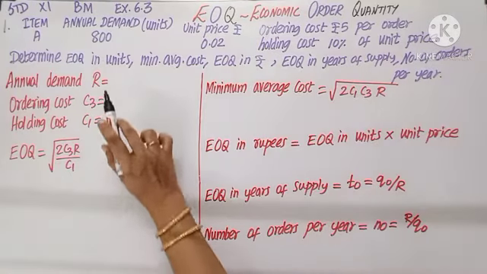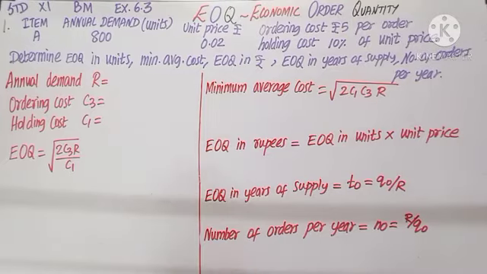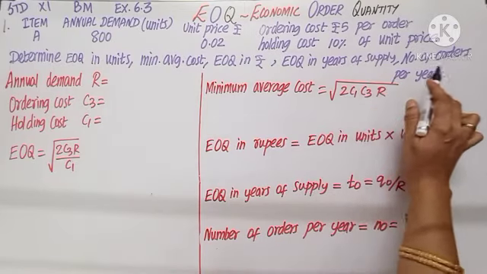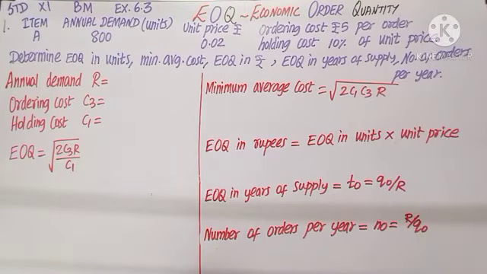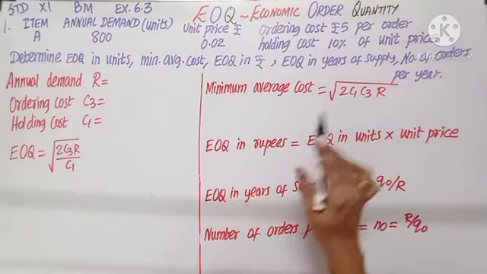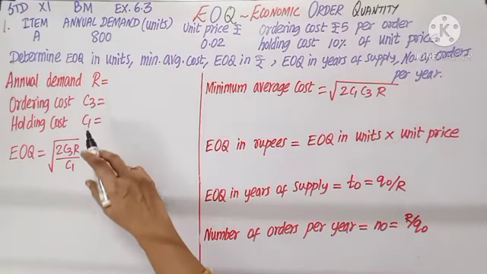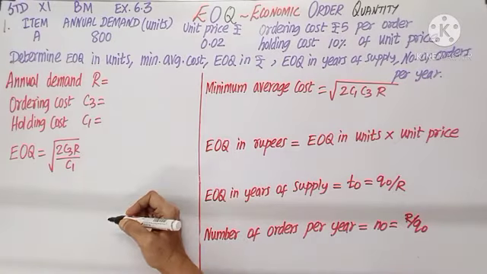Determine EOQ in units, minimum average cost, EOQ in rupees, EOQ in years of supply, and number of orders per year. Each one we just substitute in the formula, having identified R, C3 and C1 from the question.